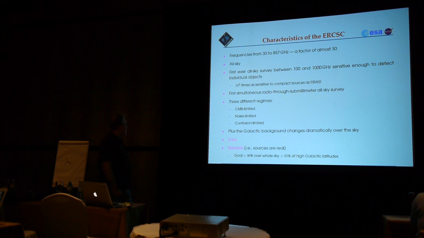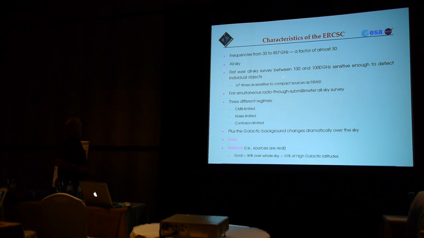So the characteristics of the catalog: of course, the full frequency span of Planck, almost a factor of 30, very wide, all sky by nature. It's the first ever all sky survey that operates between 100 and 1000 gigahertz that is sensitive enough to detect individual objects.